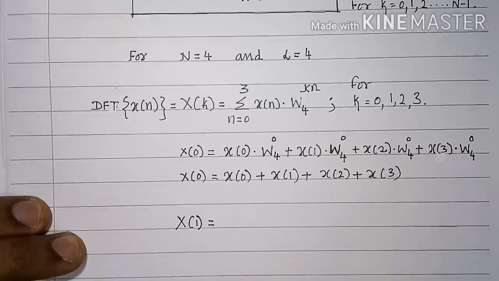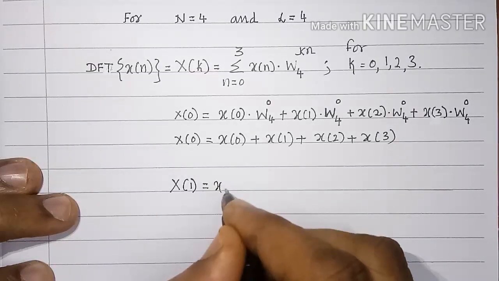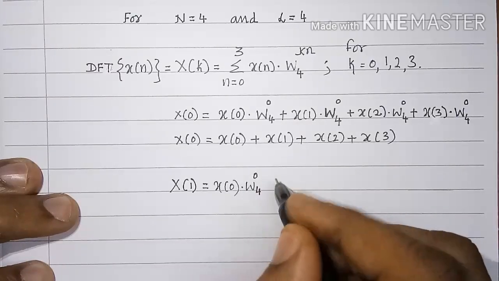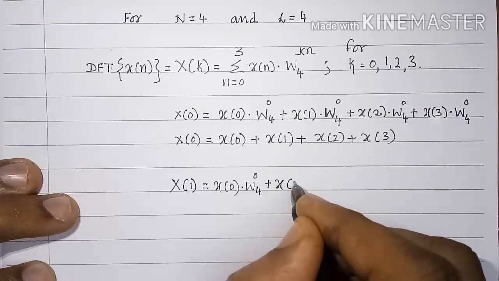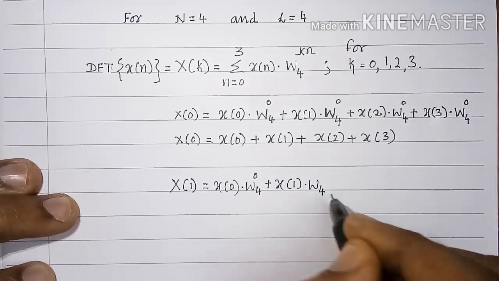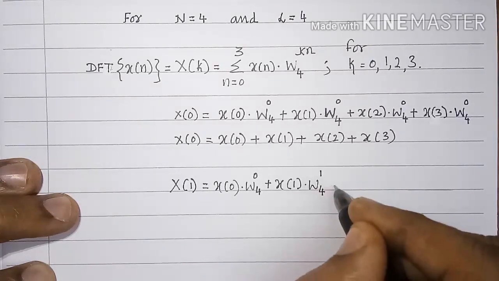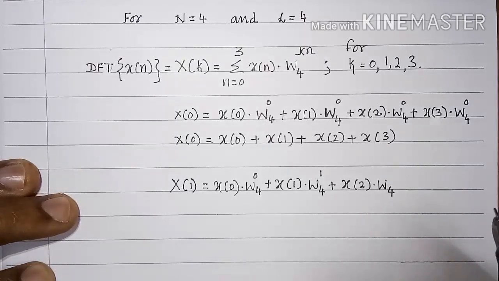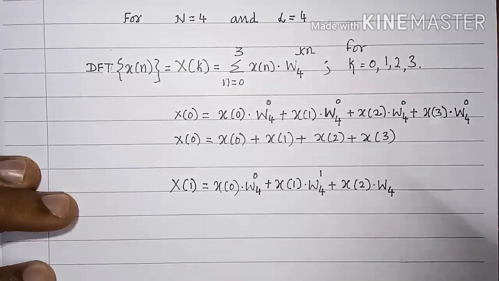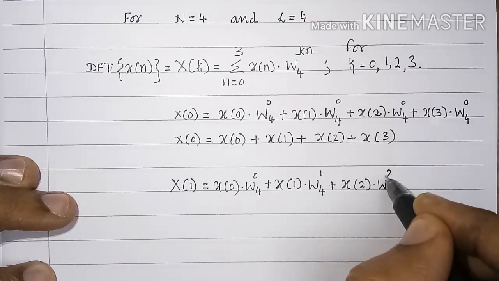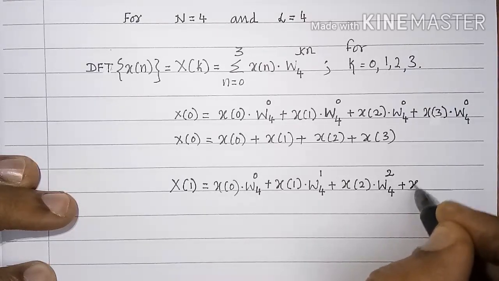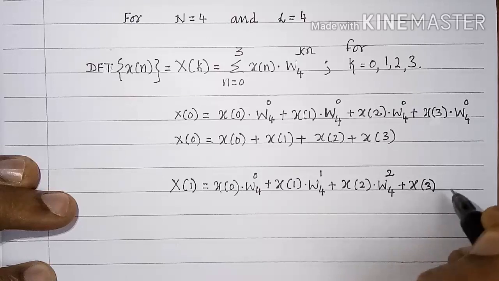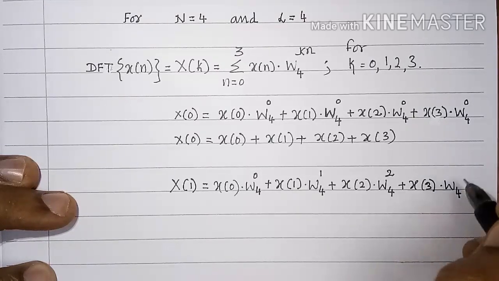For k equal to 1, x of 1 is x of 0 into W4 to the power 0 plus x of 1 into W4 raised to 1 plus x of 2 into W4 raised to 2 plus x of 3 into W4 raised to 3.